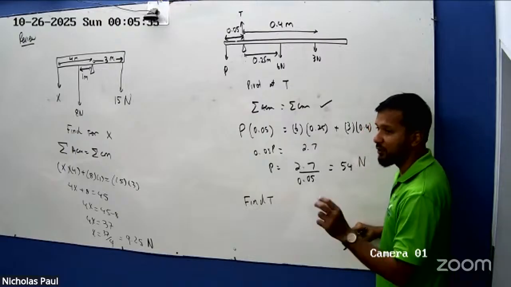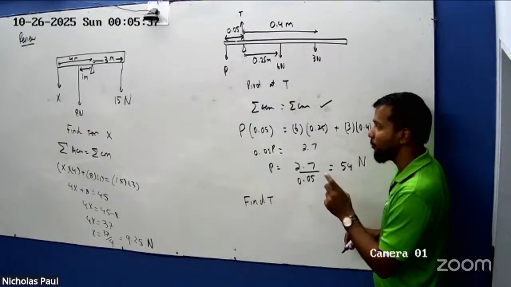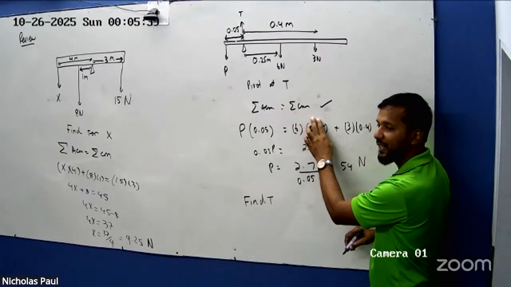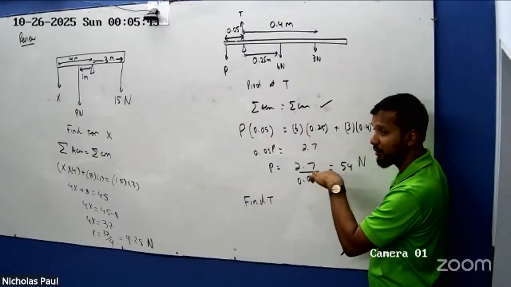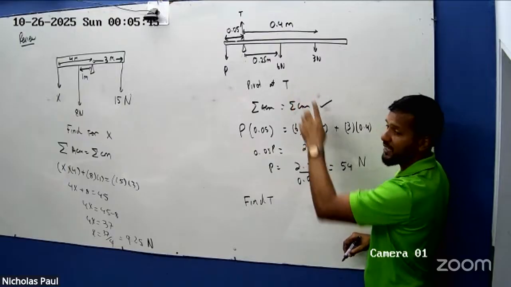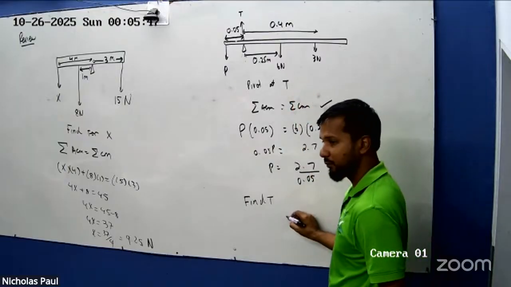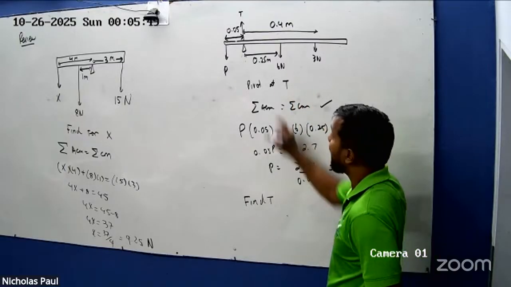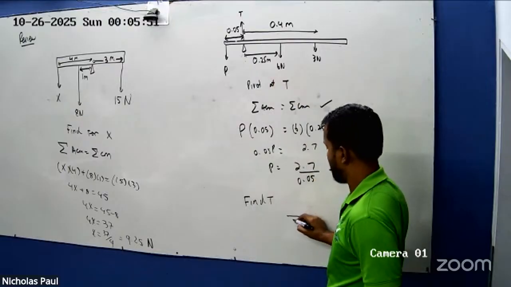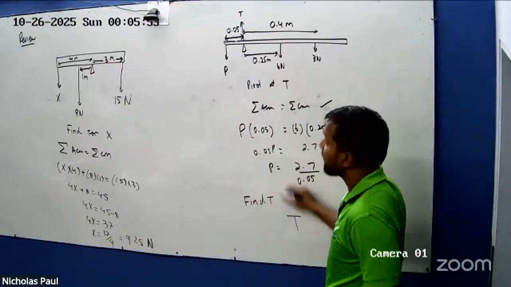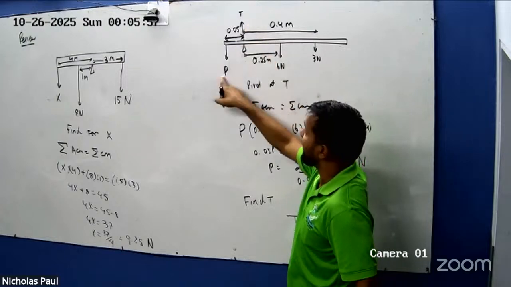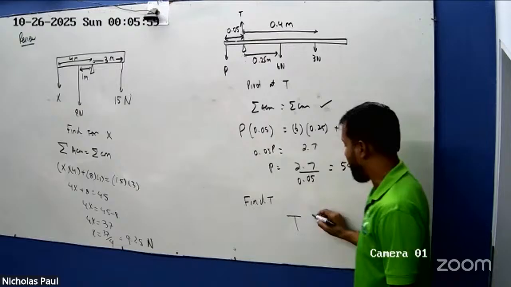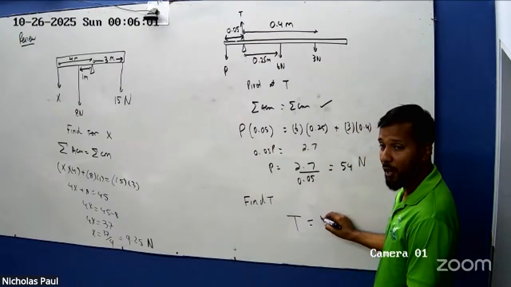What are the 2 conditions for equilibrium? Clockwise equal to anti-clockwise and upward equal to downward. So which force is acting upward here? T acting upward, and then which was acting downward?